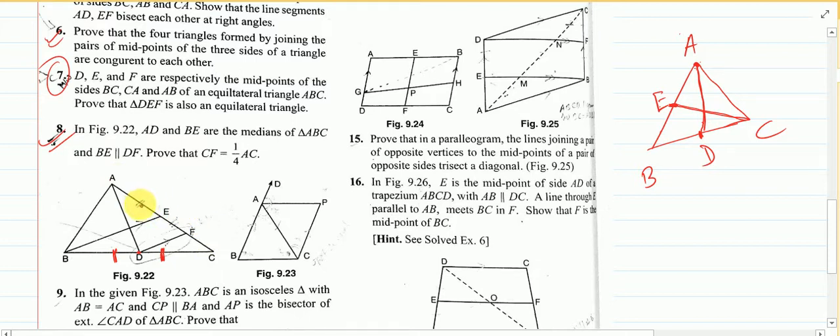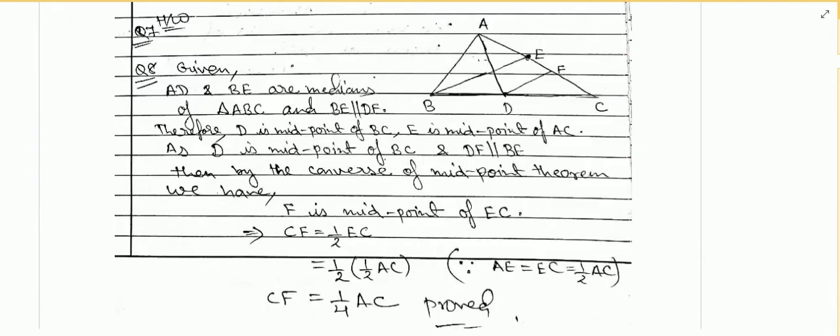So in that case AE will be equal to EC, clear. Now what we are supposed to prove, we need to prove that CF, that means this length, is equal to 1/4 of AC, okay. So let us see the solution.